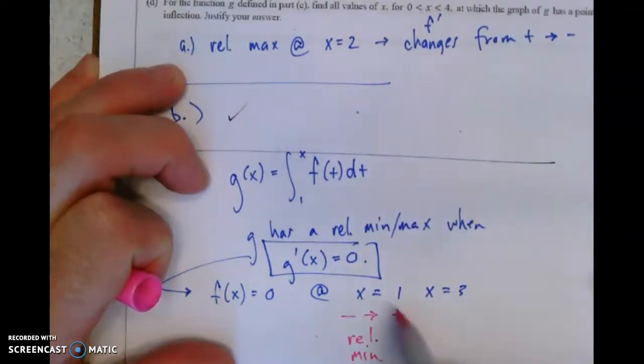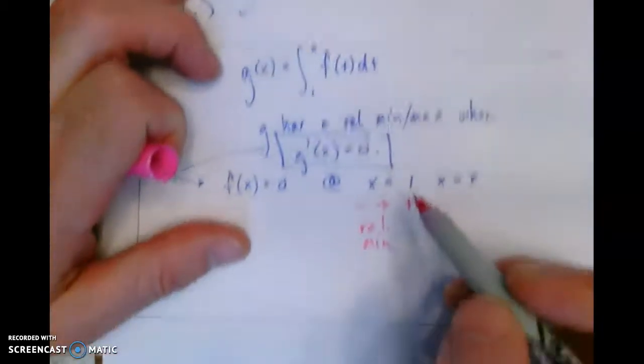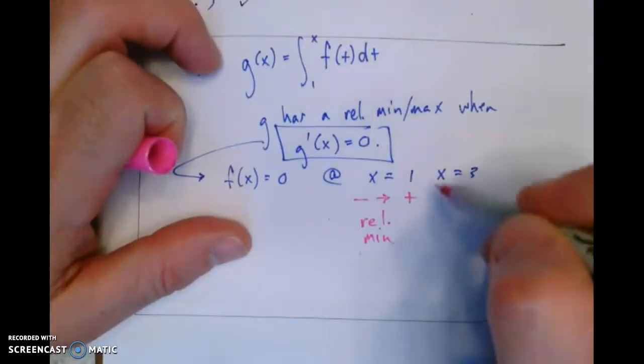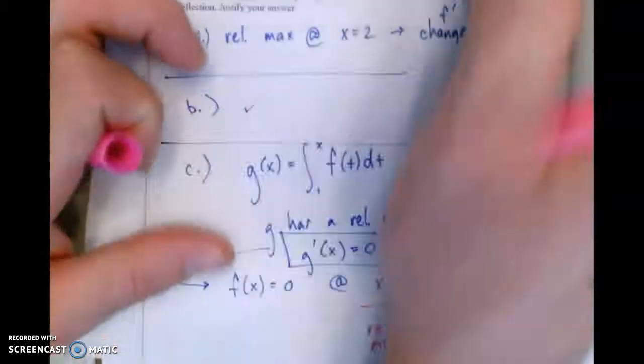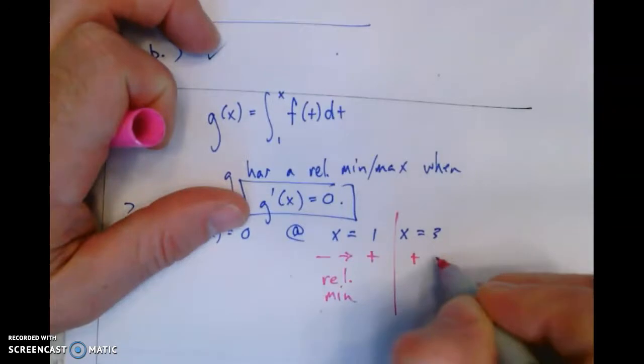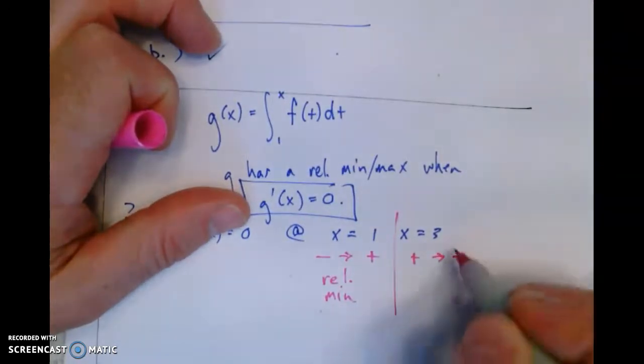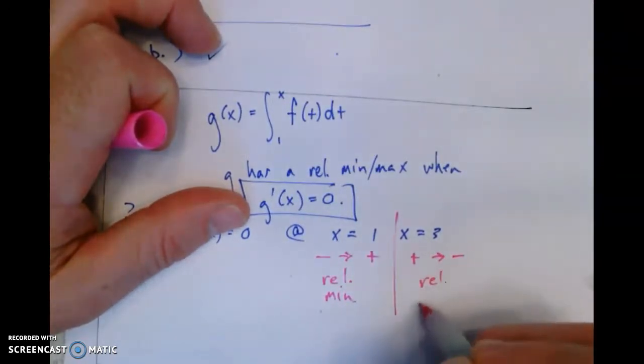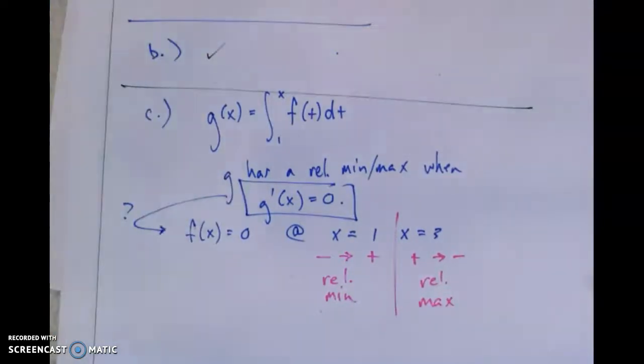Our verbiage here would be: this is a relative minimum because it changes from negative to positive. And lastly, at x equals 3 it goes from positive to negative. Therefore, that is going up and going down. That is a relative maximum. Again, justification being the function f, or g prime, goes from positive to negative at the point x equals 3.